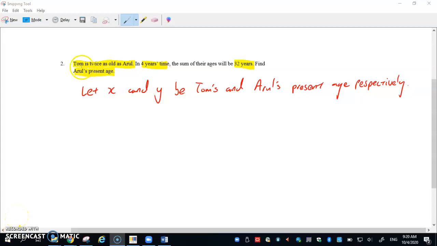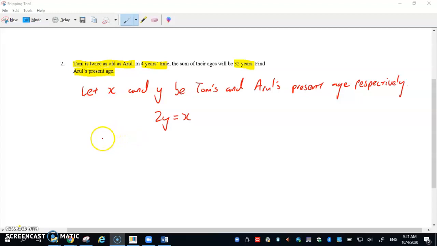So since Tom is twice as old as Aru, we have 2y equals x. Meaning to say that when we have 2 times Aru's age, you will give Tom's age.